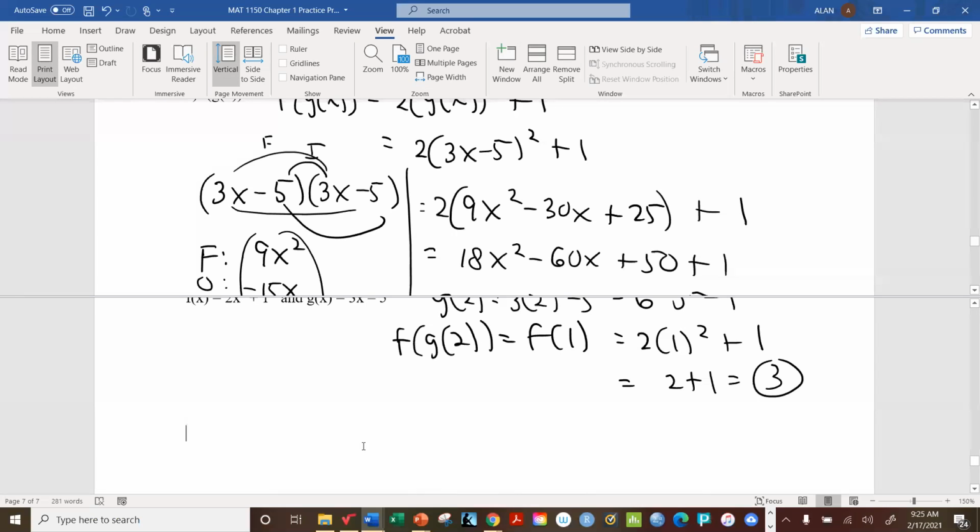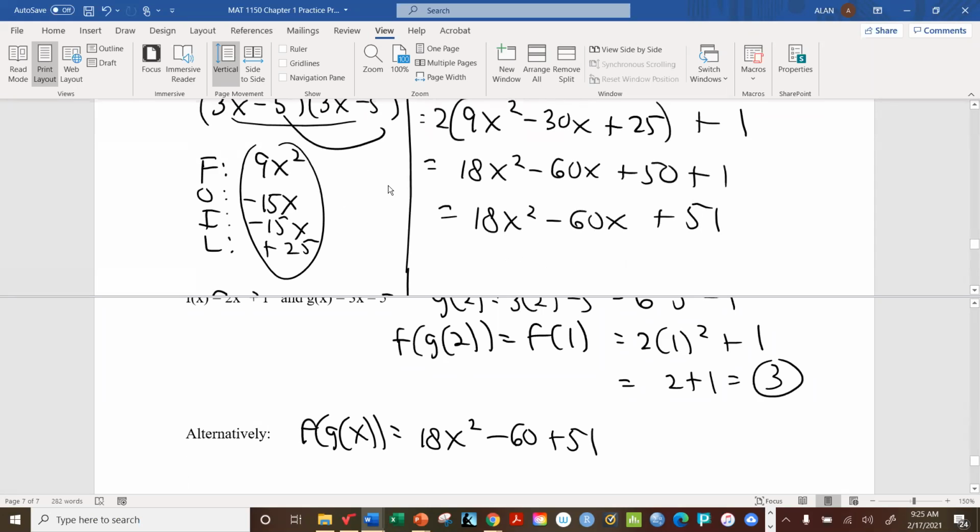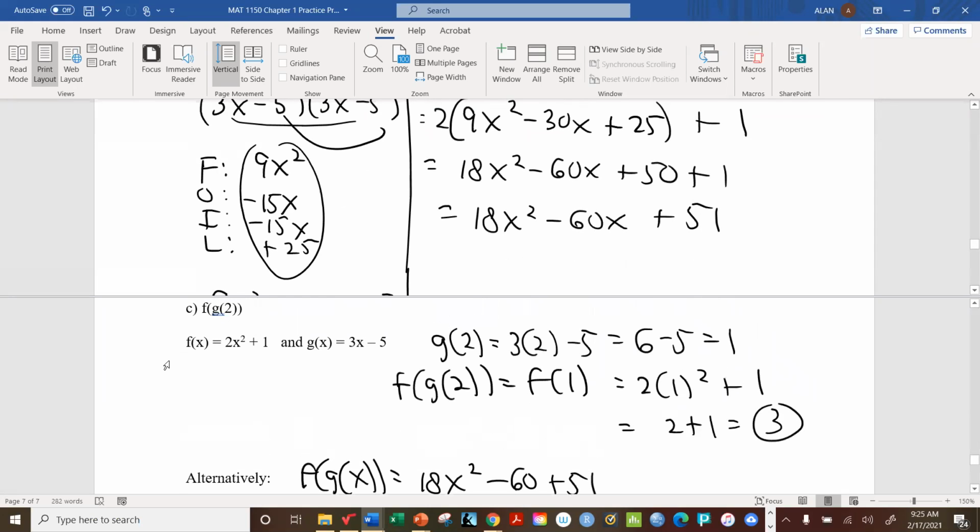Suppose instead you had already figured out, which we did, that f of g of x is 18x squared minus 60x plus 51. And then you just replace the x with 2.